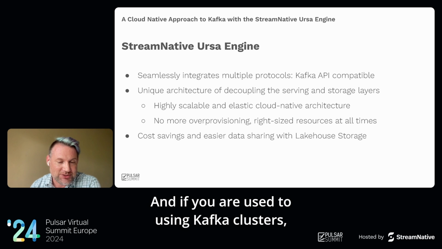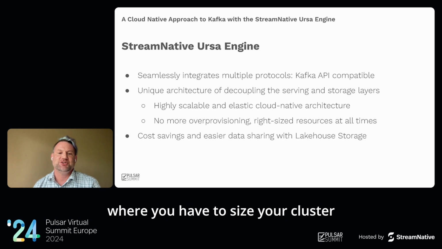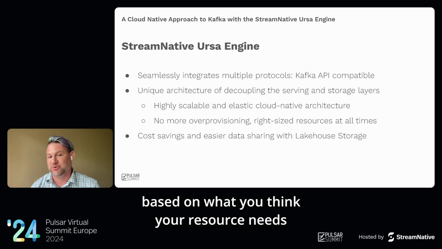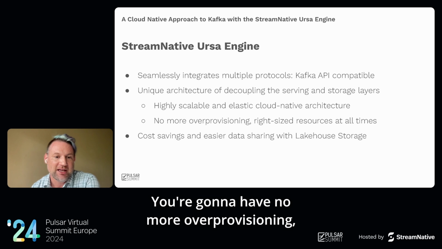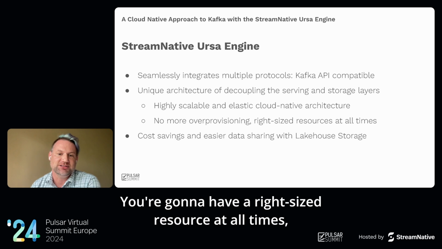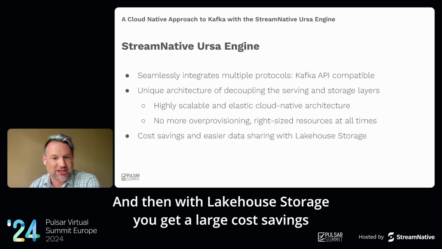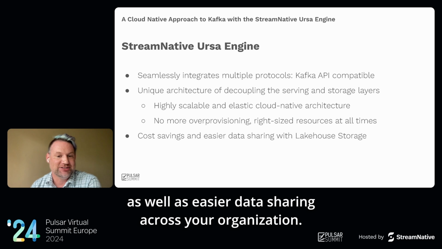And if you are used to using Kafka clusters, you're probably used to over-provisioning, where you have to size your cluster based on what you think your resource needs are going to be in the future. You're going to have no more over-provisioning, which is going to result in a lot of cost savings. You're going to have a right-sized resource at all times, scaling up and scaling down. And then with Lakehouse Storage, you get a large cost savings as well as easier data sharing across your organization.